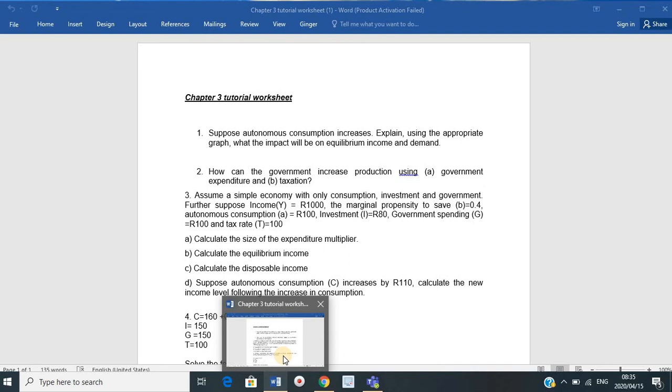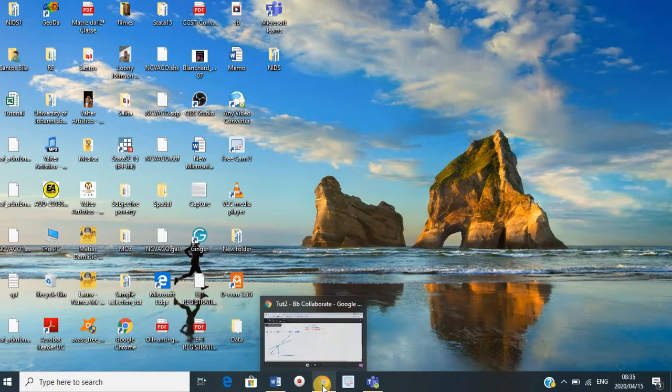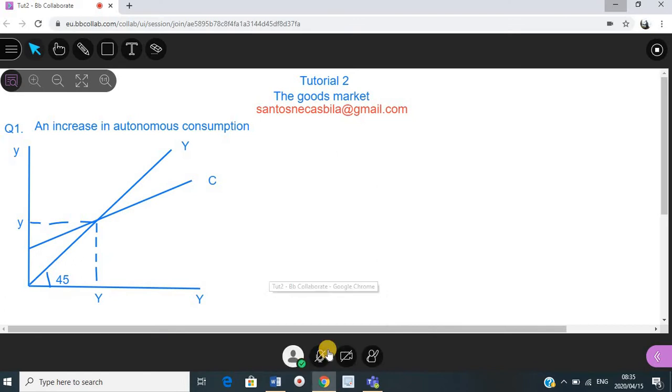The equilibrium income is where autonomous spending and production intersect. So let's see how it looks in terms of the graph. Very good. This is the appropriate graph to show it. As you can see, here we have our equilibrium income at a point where, maybe I can write here, point A to show that this is the equilibrium point.